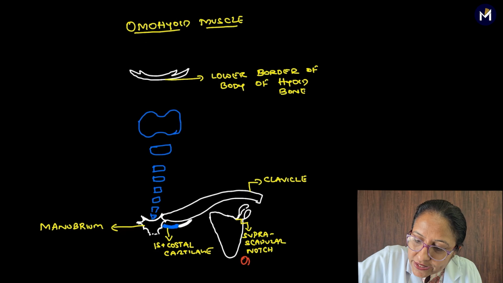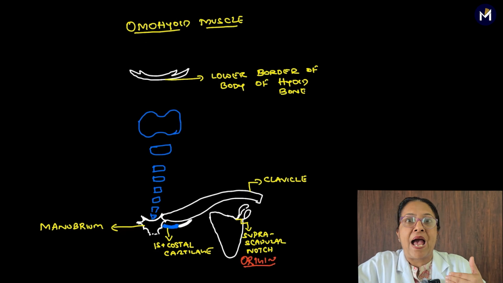So let's start with the origin of omohyoid. As you have seen in the previous picture, it has got two bellies. Inferior belly of omohyoid and superior belly of omohyoid. First, let us begin with inferior belly of omohyoid. So what is its origin? It's written here, suprascapular notch.